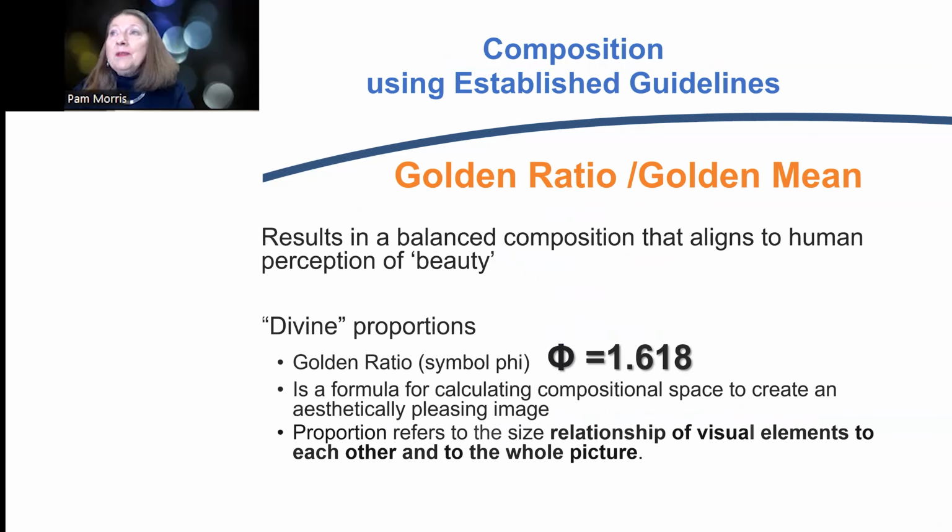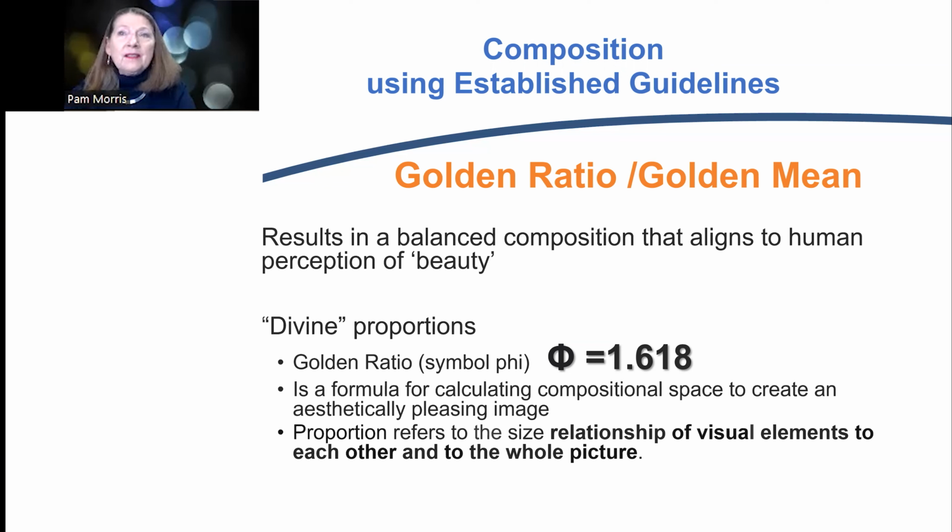This design by numbers was first written about in about 300 BC, where they talked about the aesthetic beauty of using what they called the golden ratio. And the golden ratio is a number. It's 1.618.